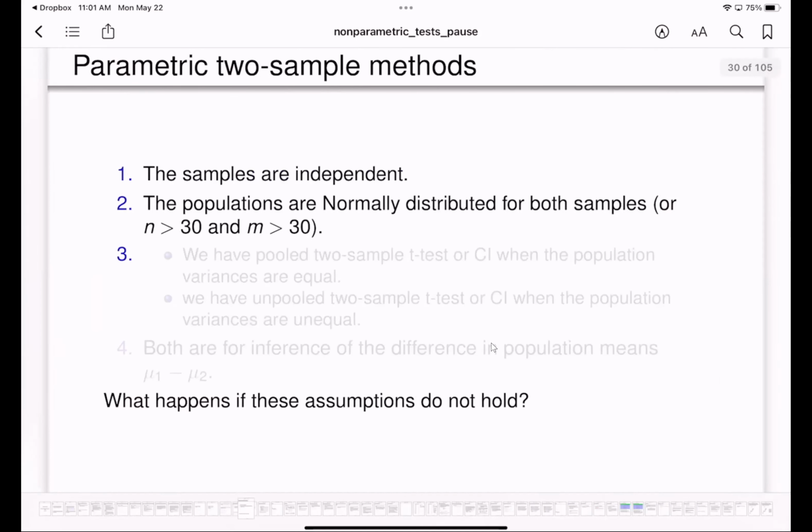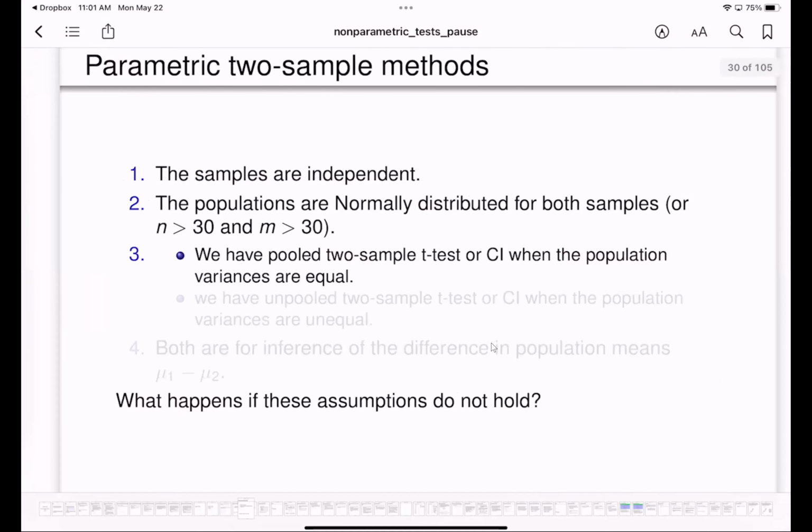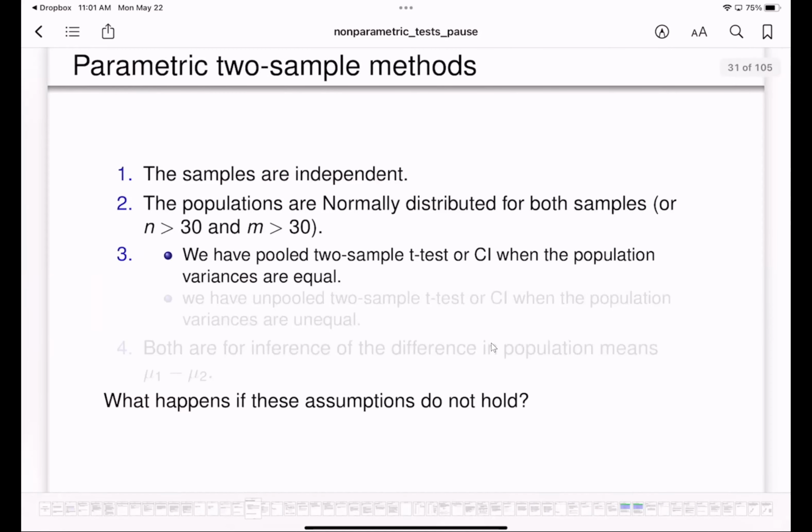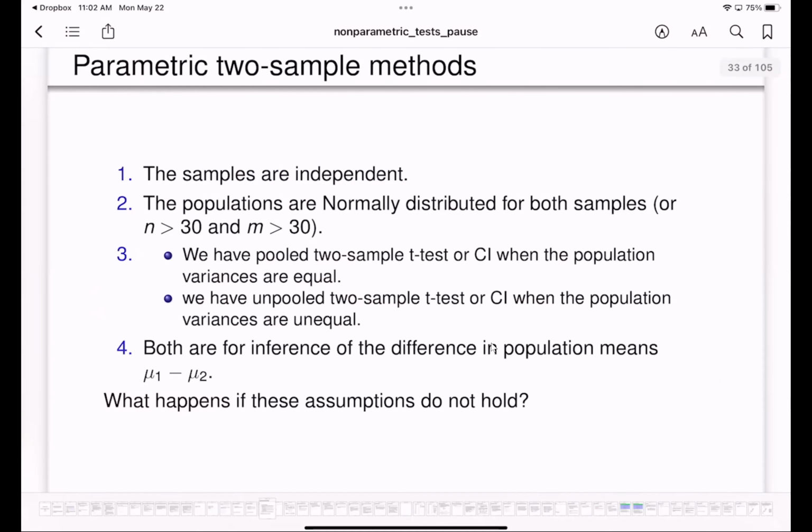And we also learned the case where the data could be pooled if they have constant variance, and also the solution when they don't have constant variance, the unpooled test. In either case, we're testing for the population mean, and we require either the distribution being normal or the sample sizes being large.